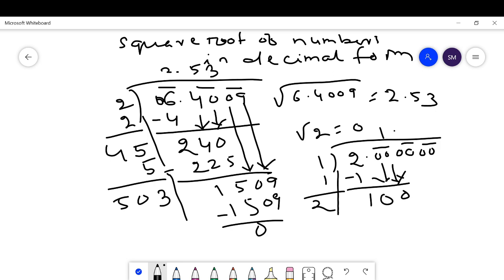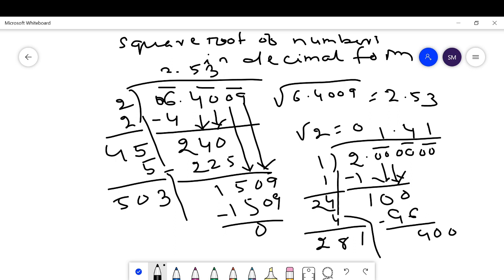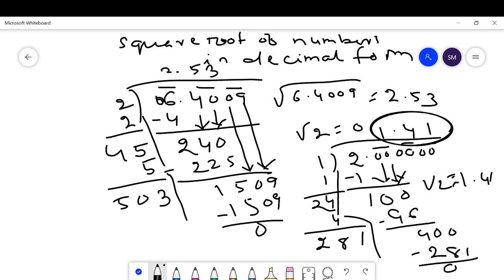Then put the decimal here. 24, 4 4s are 96. Then here 400. Then 28. Then 281, 1 1 is 281. Correct up to 2 decimal places. Then this is root 2. The square root is approximately 1.41.